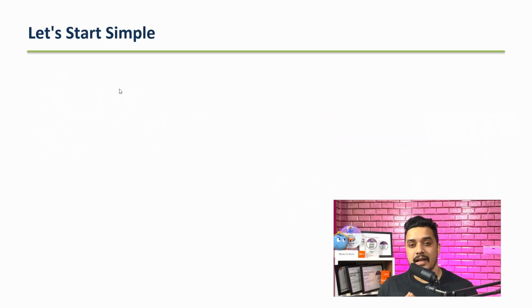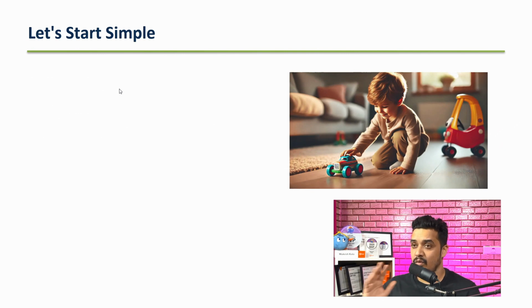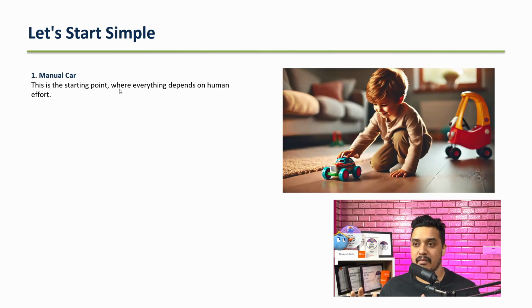Okay, so let's start with a simple example which all of us can relate to. Forget about Agentic AI for a moment. I'm going to put an image on the screen. What do you see? There is a kid in the picture who is trying to play with his car. It is a manual car that depends on human effort. If I have to move this car, I have to manually push it.